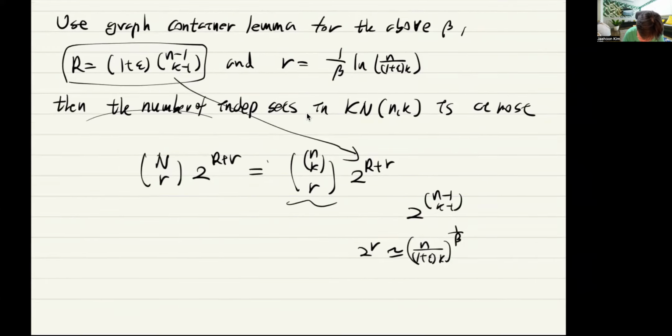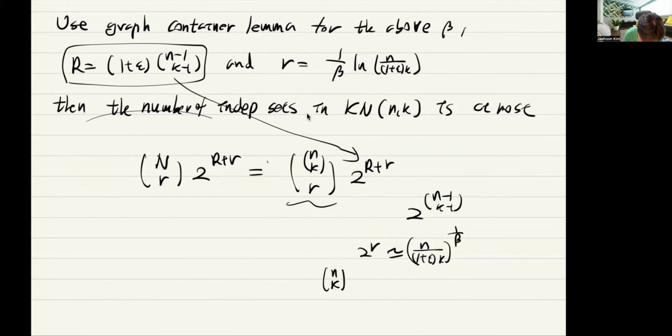And this is n over k to the r. Again, that's like n to the kr, that's like 2 to the polylog n, log n times k times r, which is also like log n.